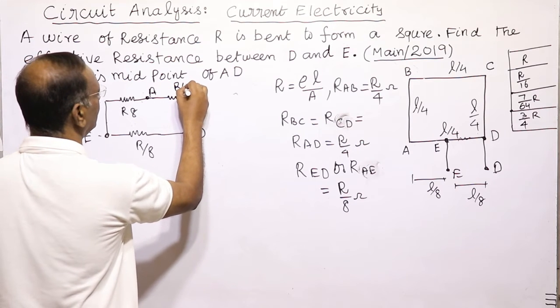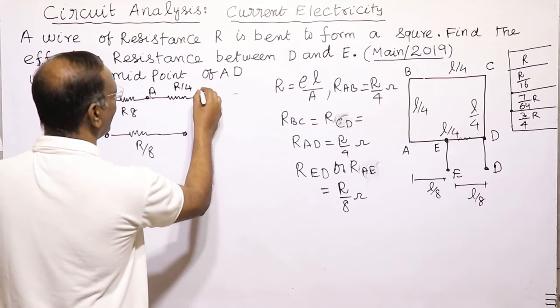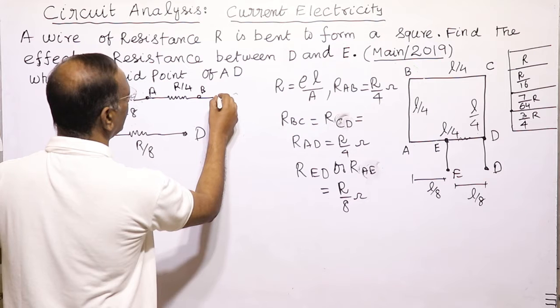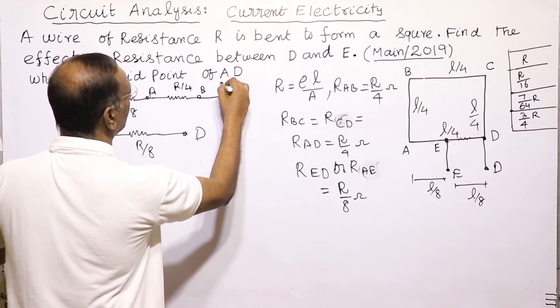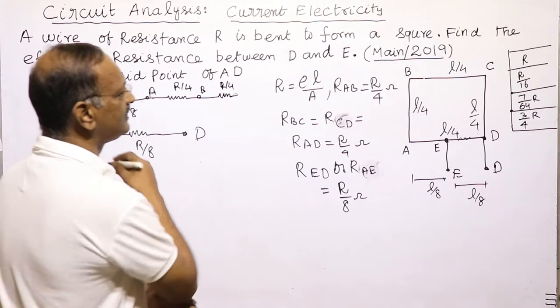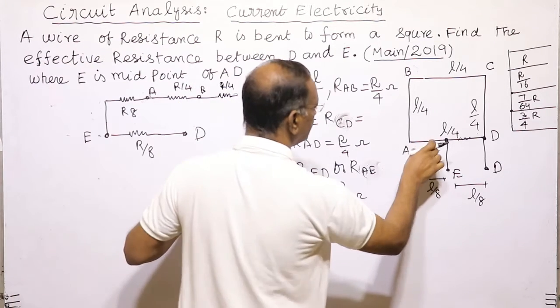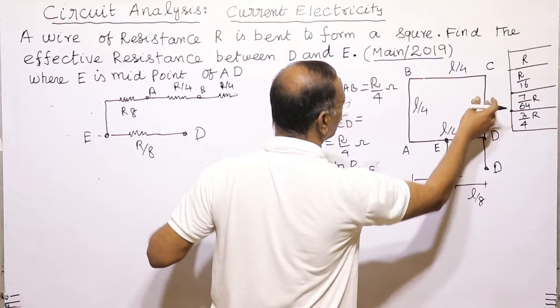B and C is again R by 4, and C and D is again R by 4. So we have R by 8, R by 4, R by 4, R by 4.